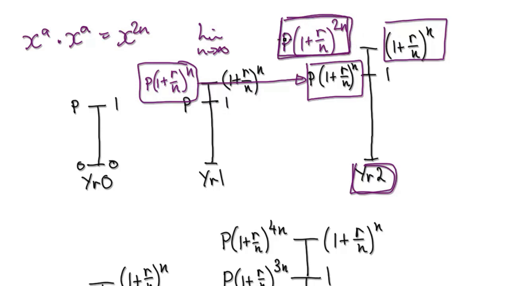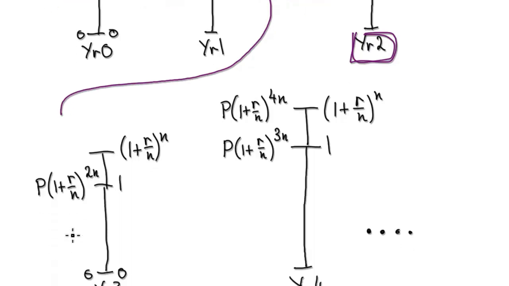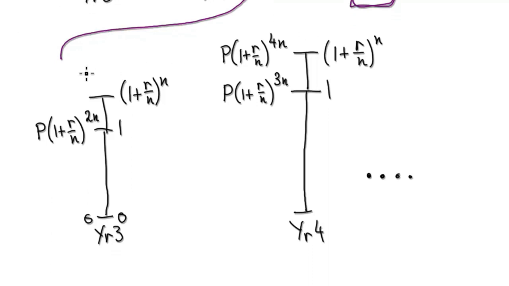Now, at the start of year 3, you will have this much. At the end of year 3, you're going to get this much amount of interest, so you've got to get this times this.